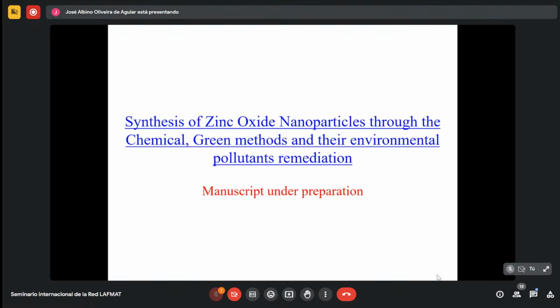So this is the synthesis of zinc oxide nanomaterial through the chemical method and green method for environmental pollution remediation. This manuscript is under preparation. So actually, I asked sir, we can go for the paper, and for some expenditure we can complete this paper.